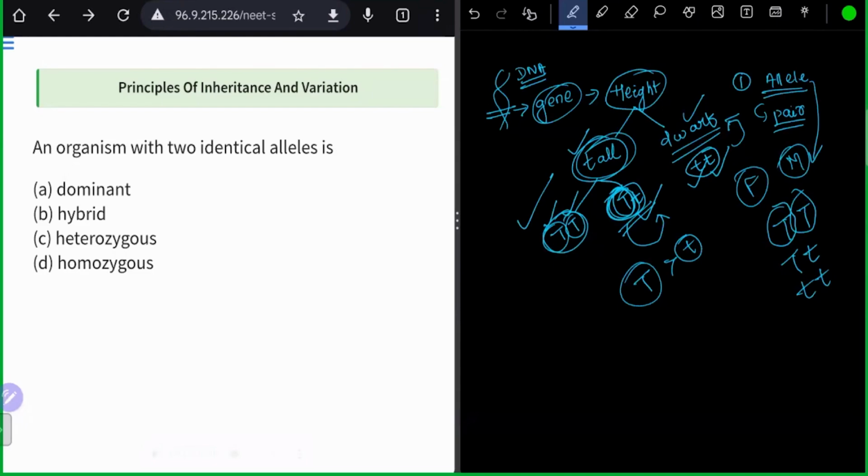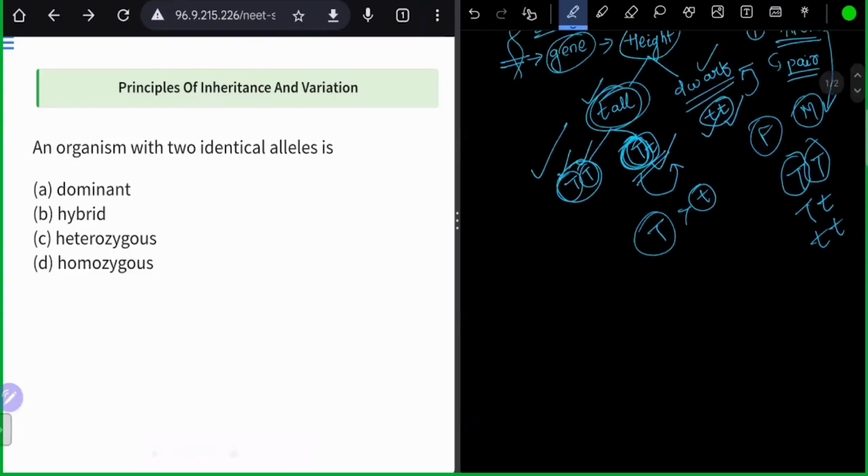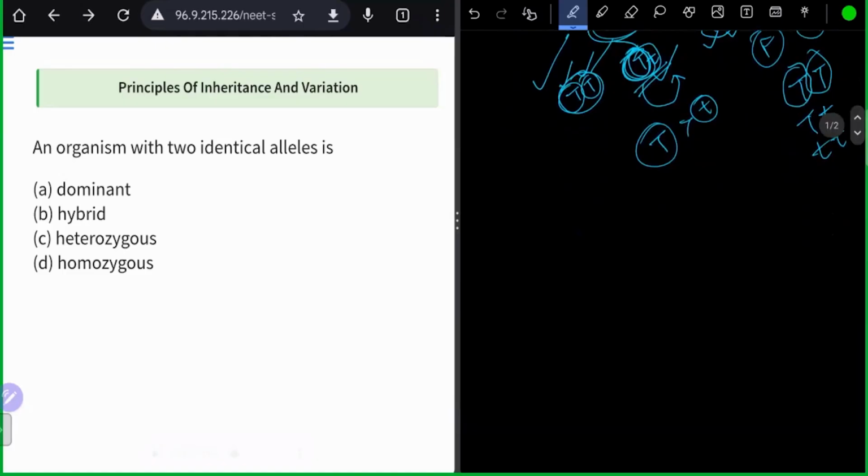For example, one is the height of a plant. Second example is eye color. Some of us have brown eyes, denoted as capital B. Here capital B is the dominant allele. Some have blue eyes, meaning small b.